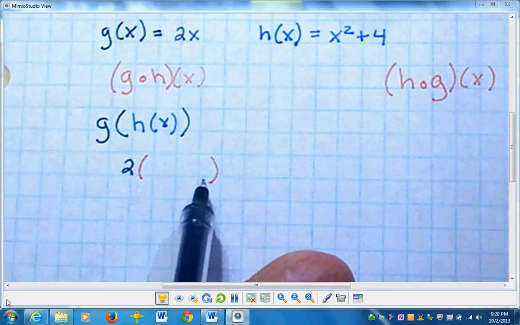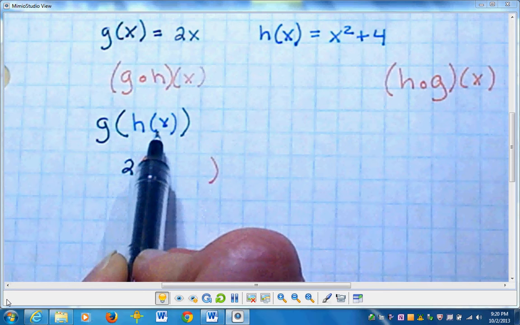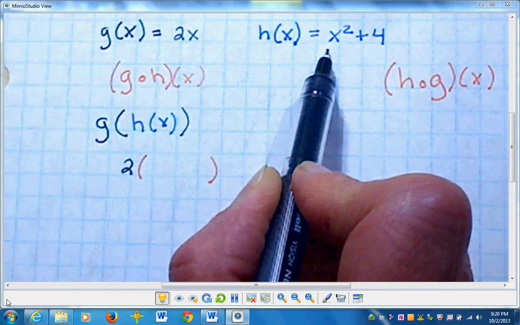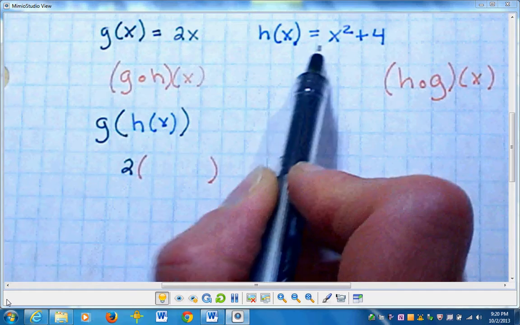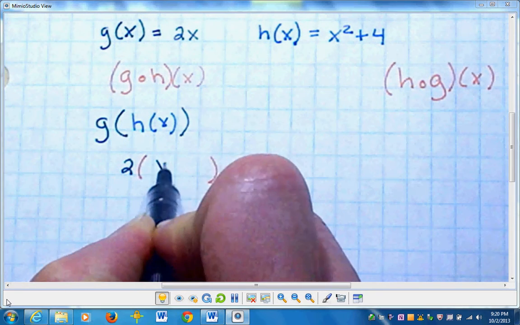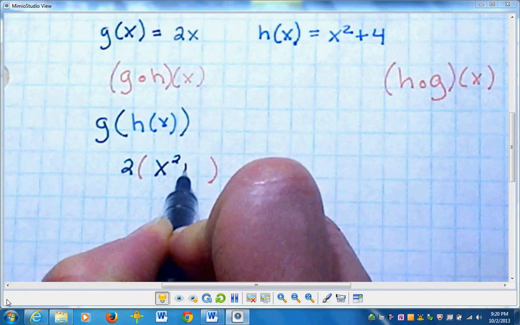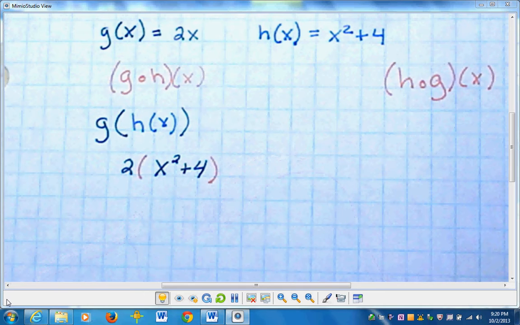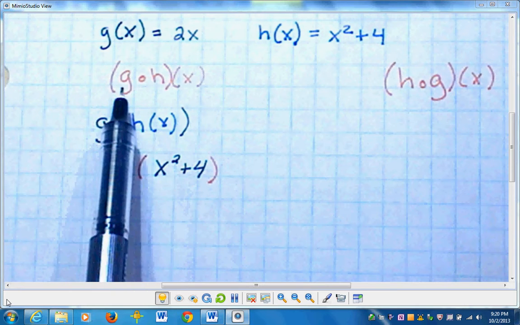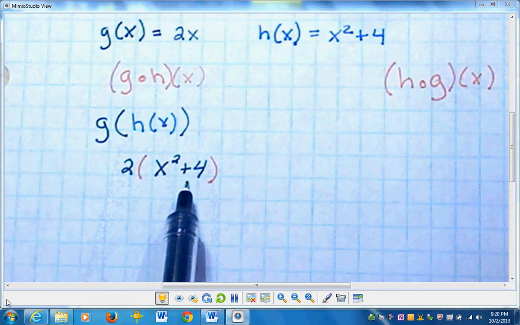In this big hole, I'm going to stuff my h of x. So my h of x is x squared plus 4. So that gets put in here. 2 times x squared plus 4 gets stuffed inside. So I've just set up my g of h of x. This is what that is.